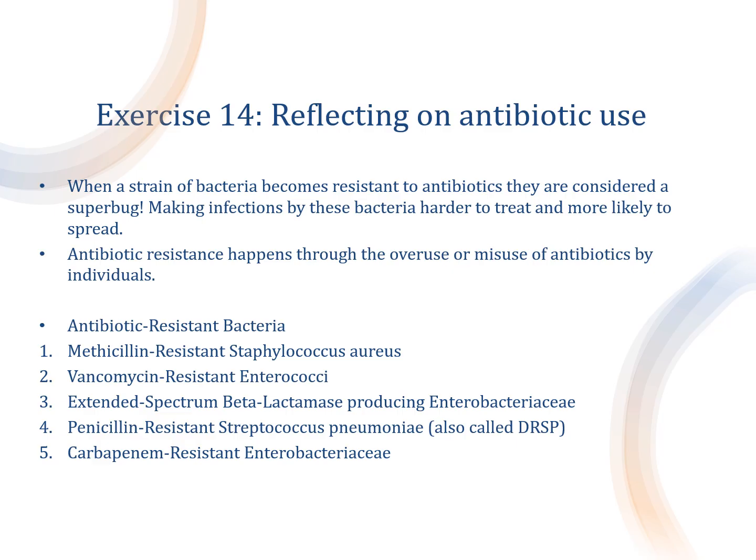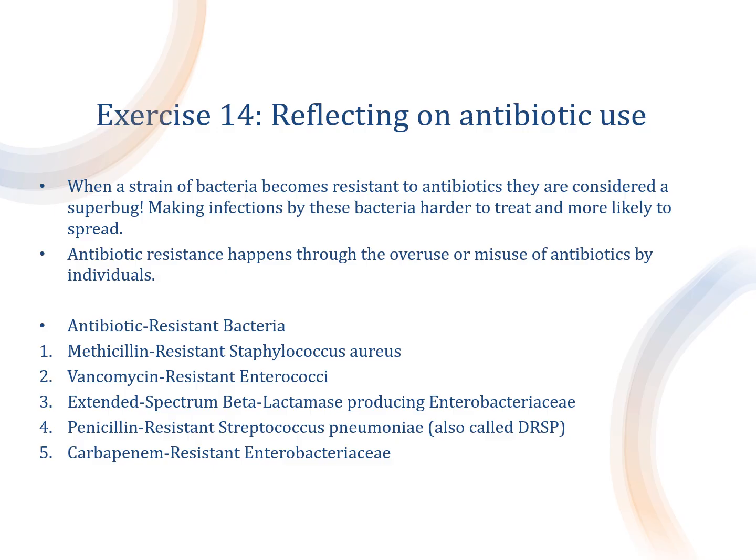So superbugs and antibiotic resistance. A superbug is just a bacteria that's become resistant to antibiotics, and the resistance occurs through overuse or misuse of antibiotics by patients, anyone who has access to antibiotics. You're asked what is MRSA, VRE, ESBL.